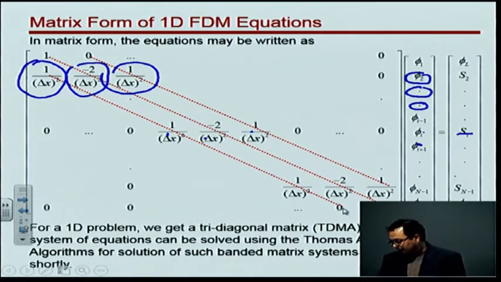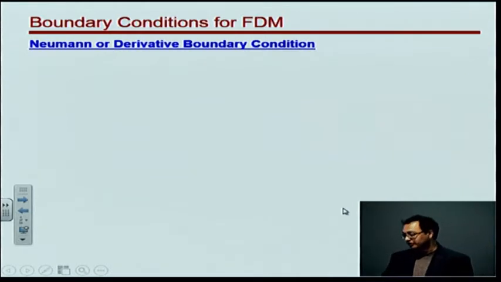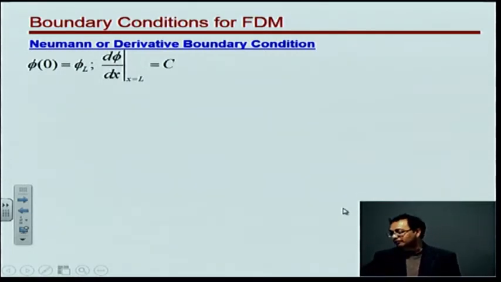All right. So let's move on and talk about other types of boundary conditions. So the second type of boundary condition is what's called a derivative or Neumann boundary condition. So the first one was Dirichlet or prescribed phi. Now of course I've applied the Neumann boundary condition only at the right end. Left end I've still kept Dirichlet.